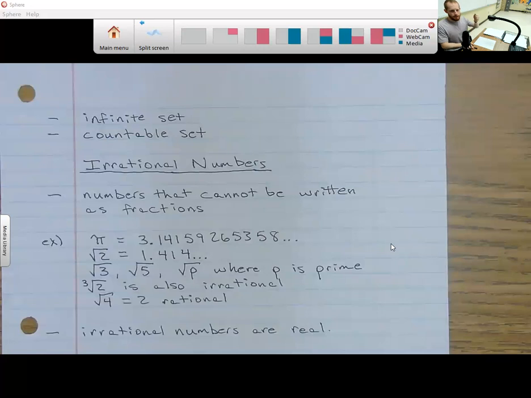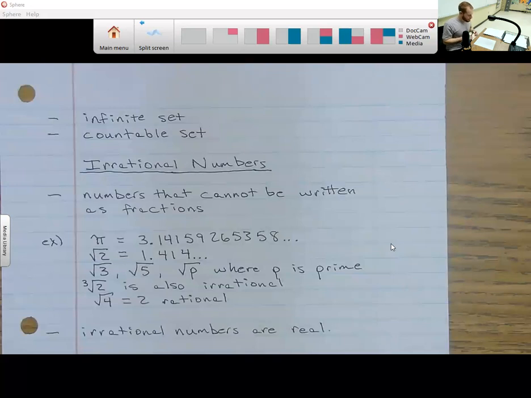Imagine that I'm holding a bag, and inside the bag, I have the set of all real numbers. Every single real number you can think of is located in this bag that I'm holding. Now what I'm going to do is reach inside the bag and pull out all the fractions. All the rational numbers, I just throw them away. And then what's left in the bag? It's the irrational numbers. All those numbers that cannot be written as fractions.